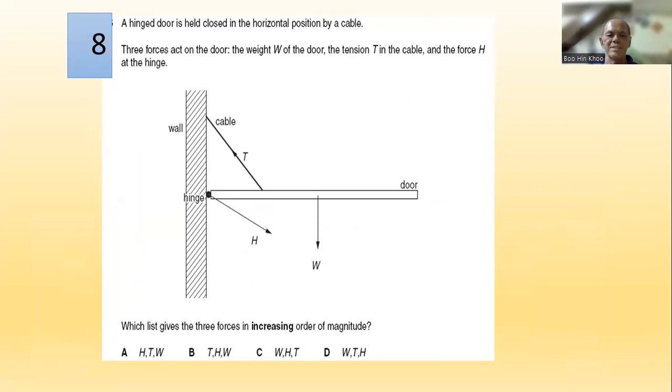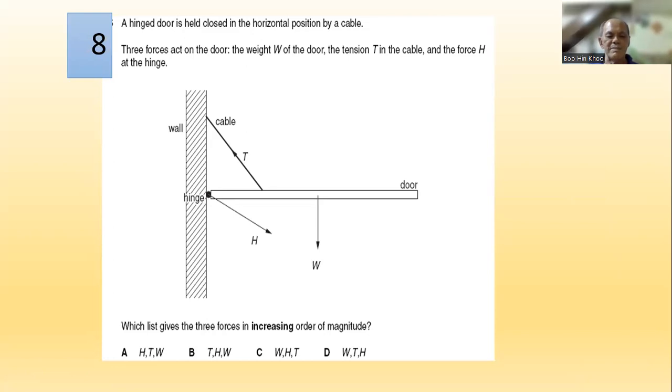The tension in the cable, they are very kind to draw the direction for you. And the force H at the hinge. Which list gives the three forces in increasing order of magnitude, from the smaller to larger?